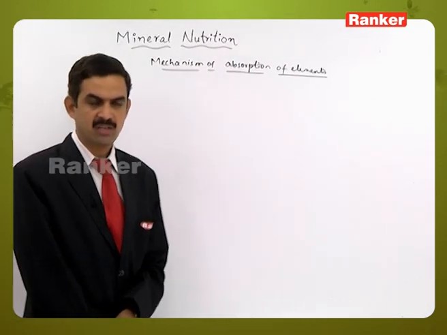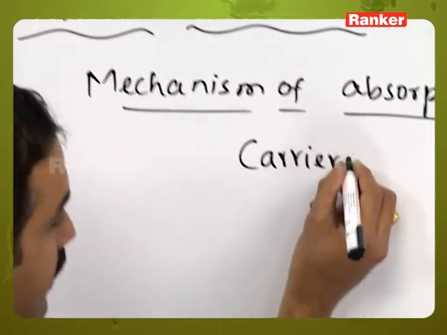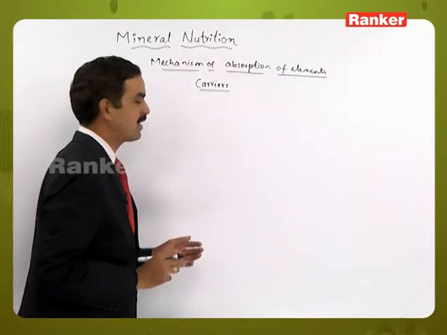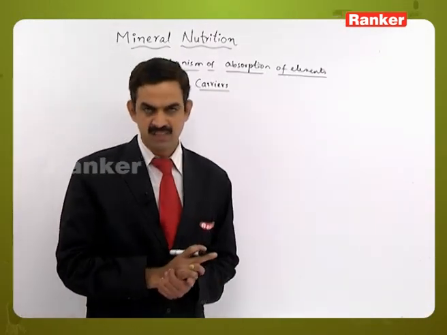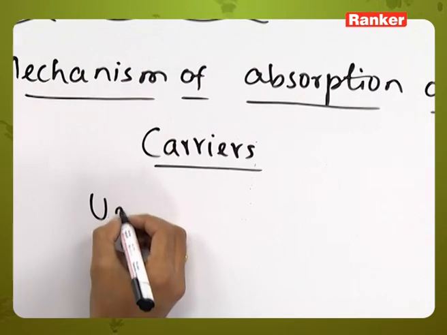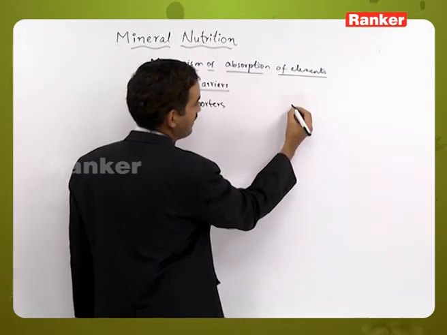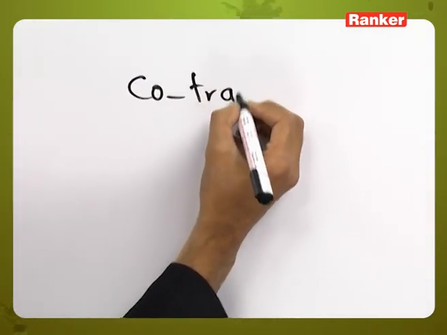In the transportation of ions, there are different types of carriers required for the movement of these ions from one side of the plasma membrane to the other. Here we can see one is uniporters and the second is co-transporters.